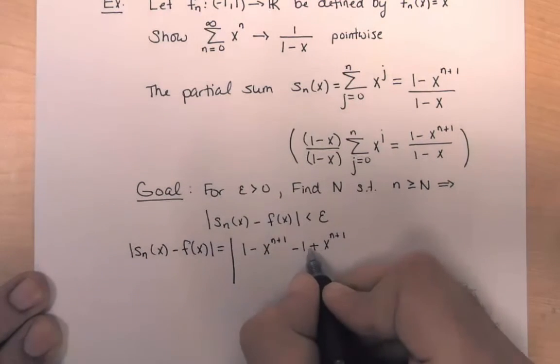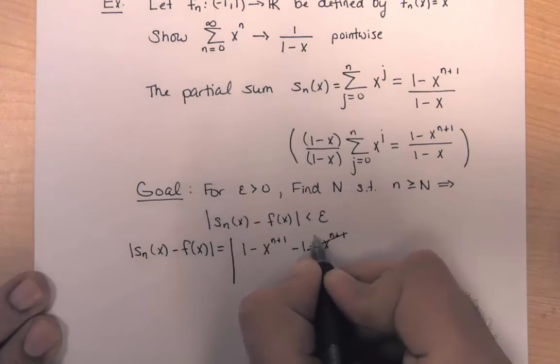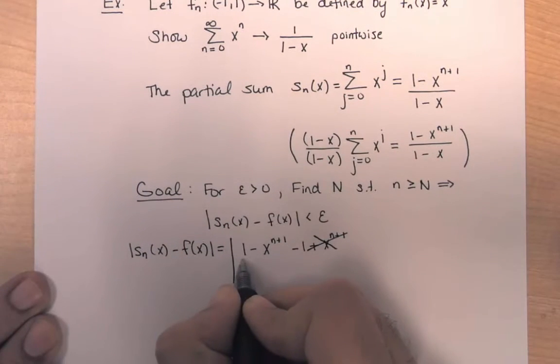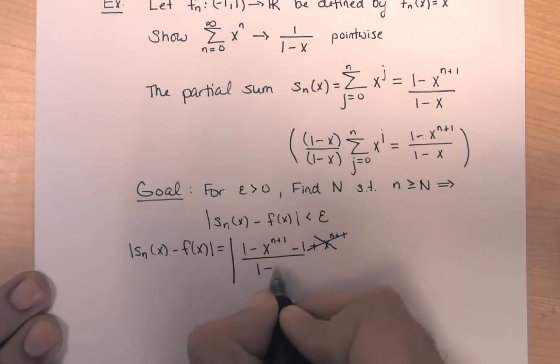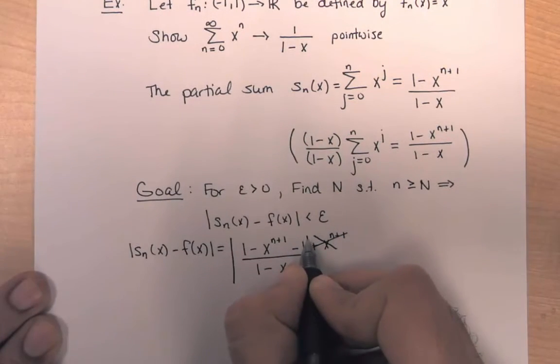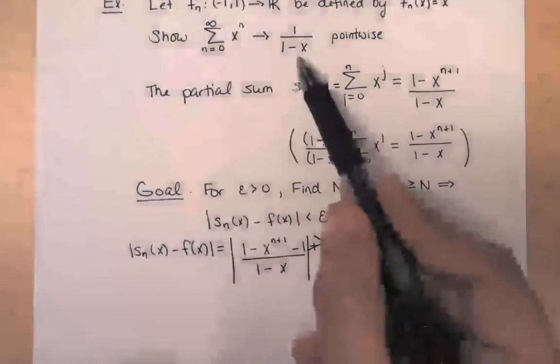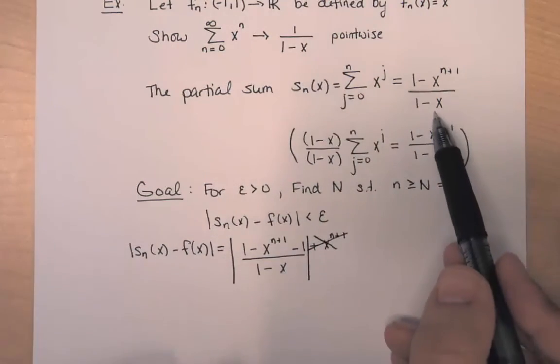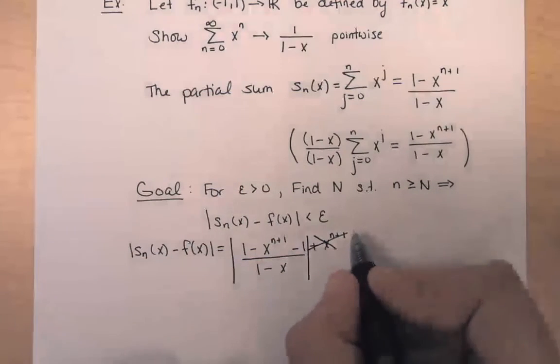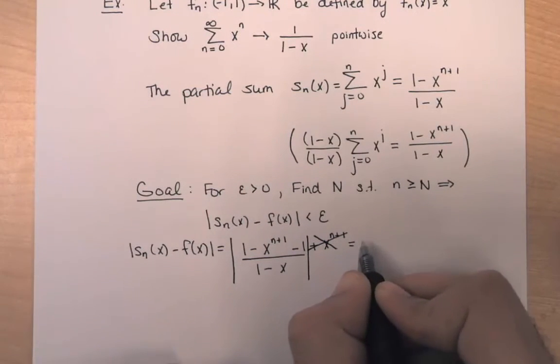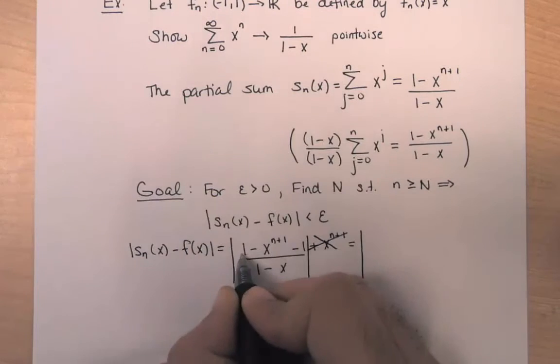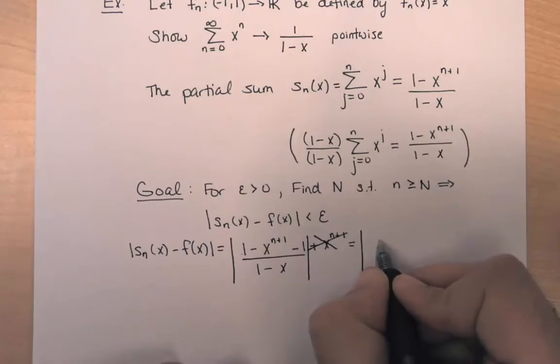I'm sorry, just minus 1, divided by 1 minus x, because f of x and Sn of x have a common denominator. 1 minus 1, of course, is 0.